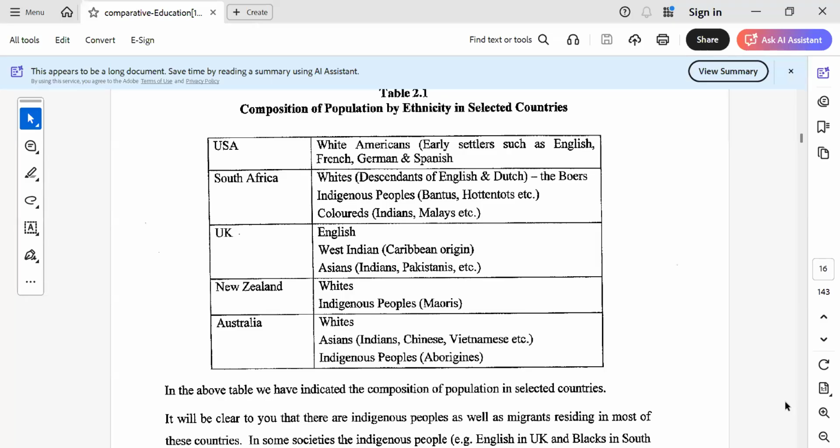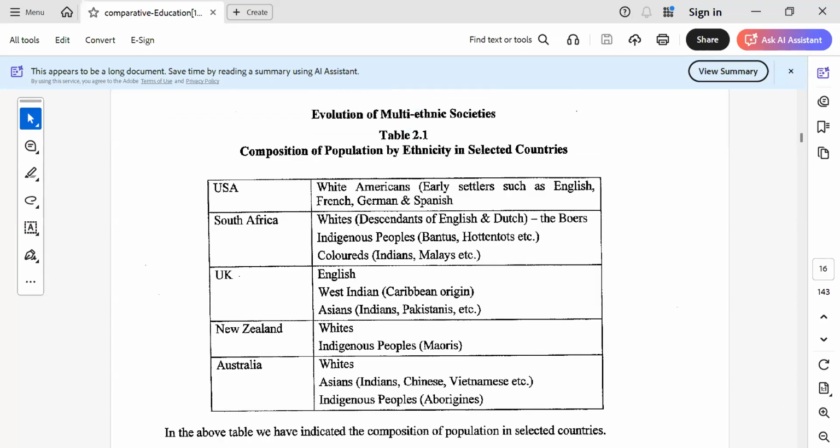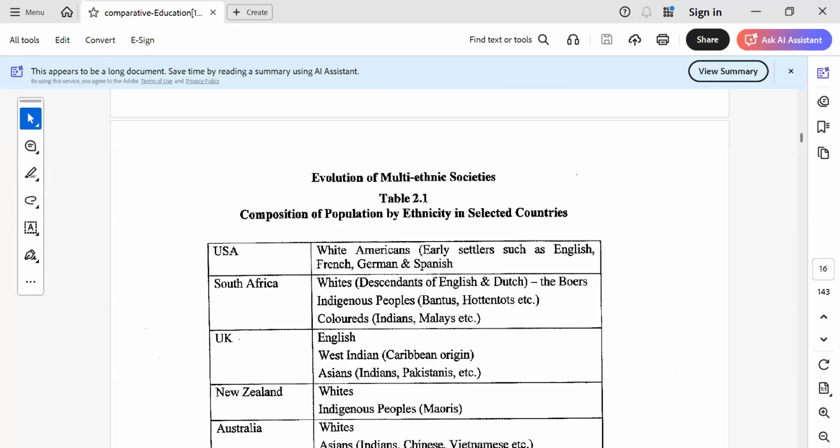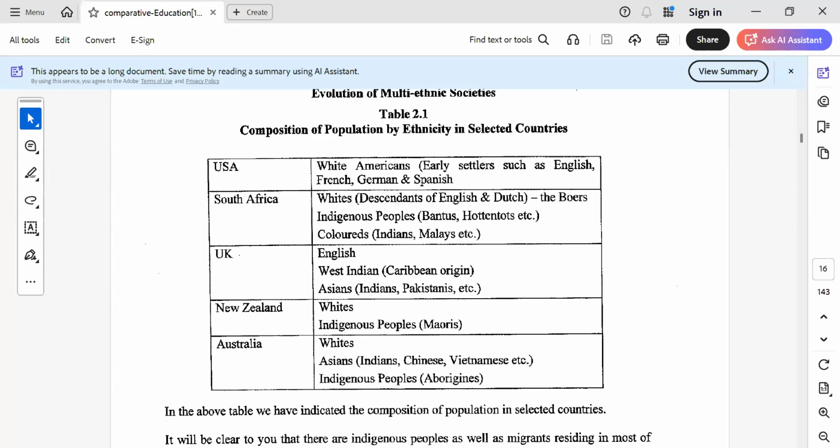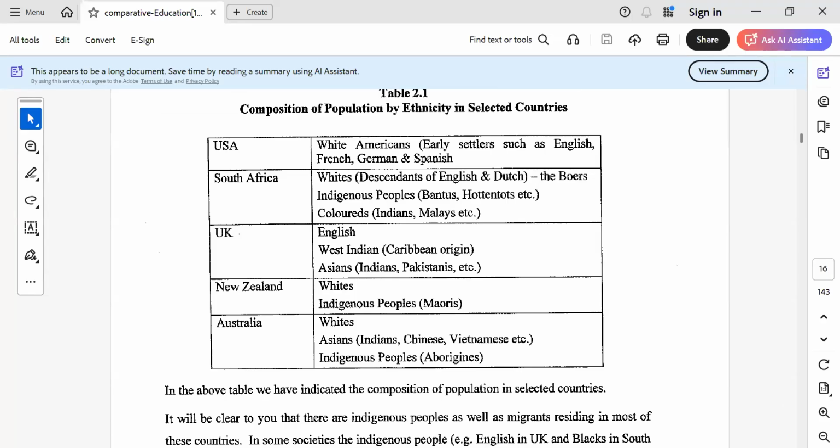Also this table, they didn't mention the time period, right? And Australia, whites, Asian, Indian, Chinese, Vietnamese, indigenous people. Even in Australia, our Sri Lankans are there now, right?